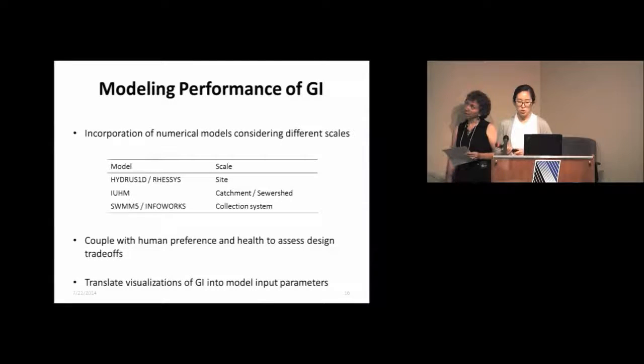So the visualizations of green infrastructure will need to be translated into modeling parameters for different hydrologic models at the different scales. Now I would like to ask Professor Schmidt to explain how Brown Dog works for our research, with a brief summary of our presentation.